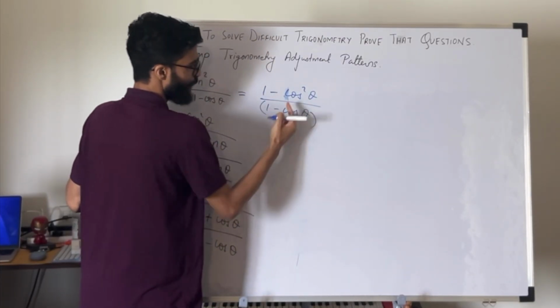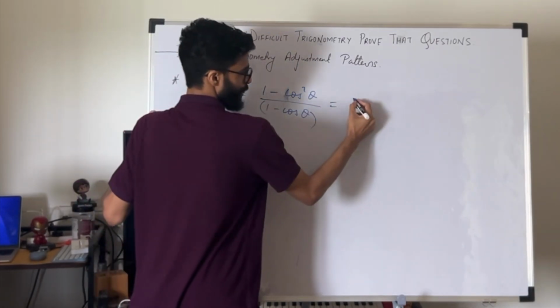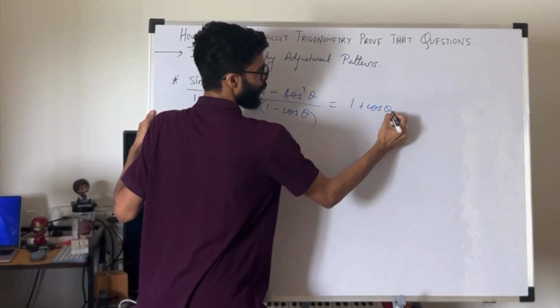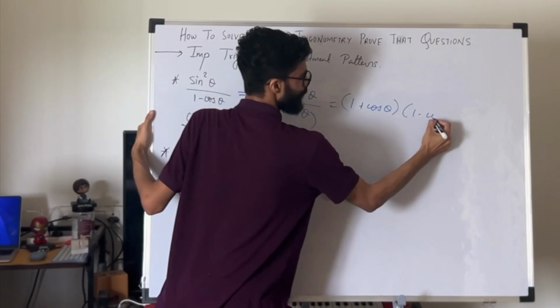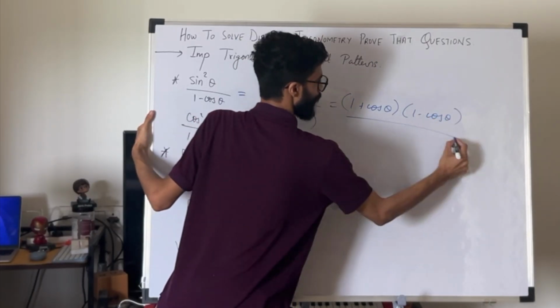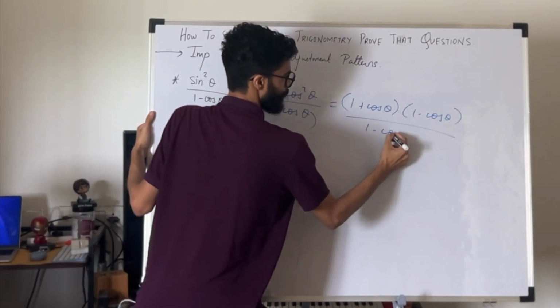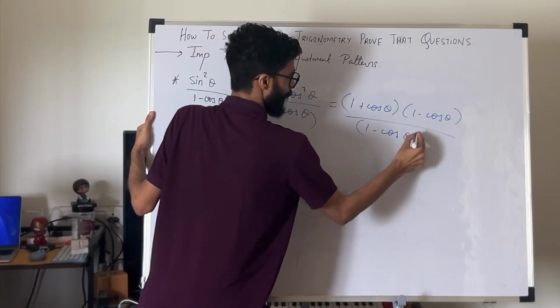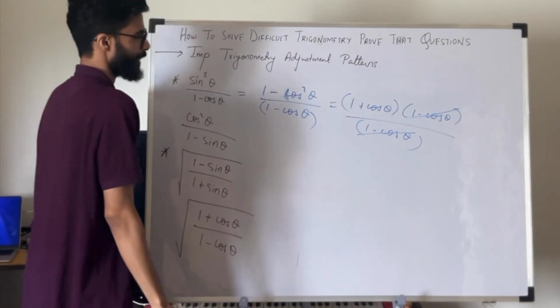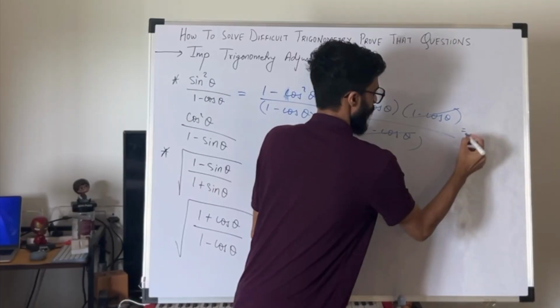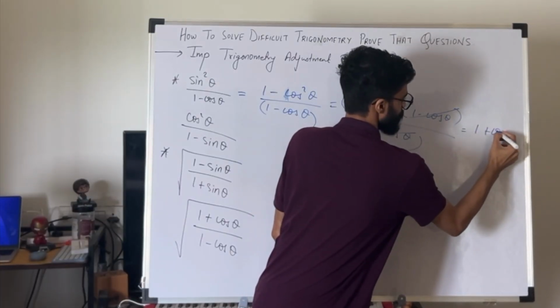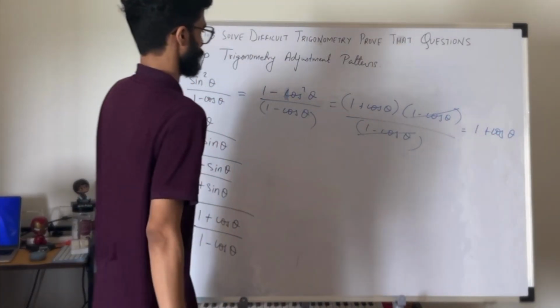Now I can expand the numerator as 1 plus cos theta into 1 minus cos theta upon 1 minus cos theta. 1 minus cos theta, 1 minus cos theta cut. After simplification, I am getting 1 plus cos theta.